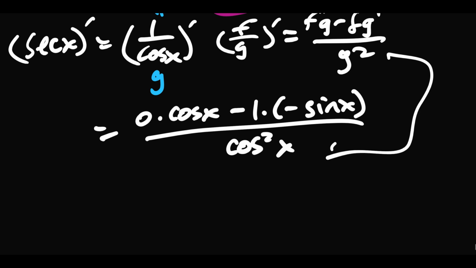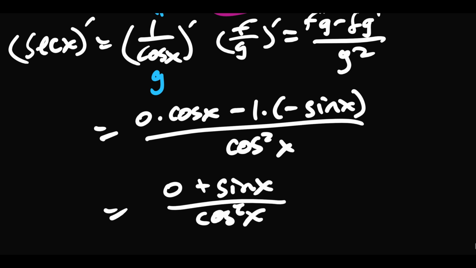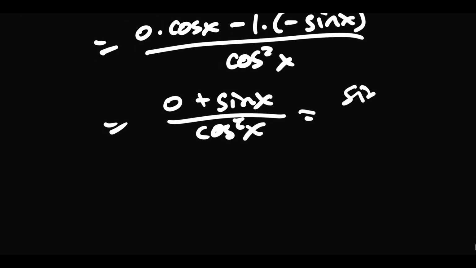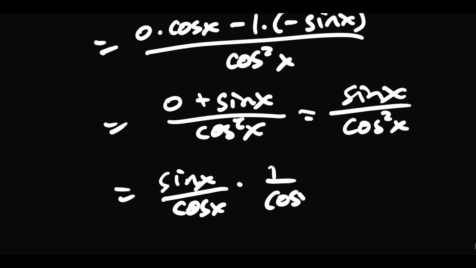So 0 times cosine is 0, so this is all 0. Negative 1 times negative sine x is positive sine of x over cosine squared of x. So essentially, this is just sine x over cosine squared of x. Now you can make this sine x over cosine x times 1 over cosine x, which gives us tangent x times secant x.